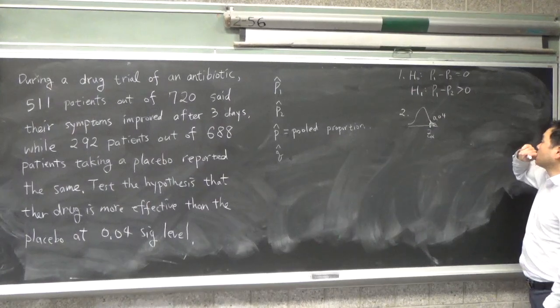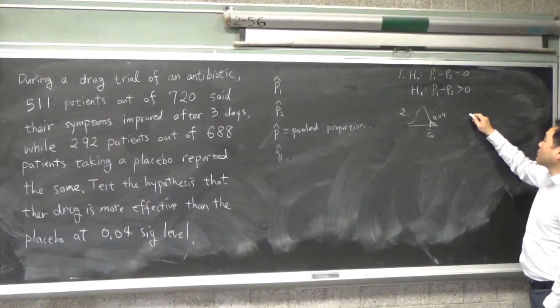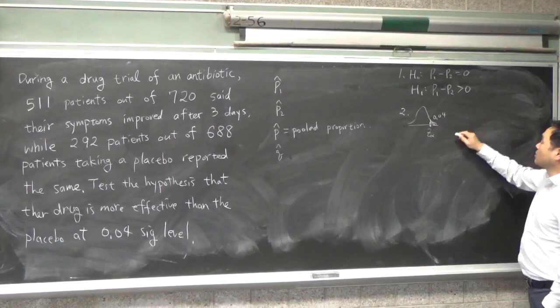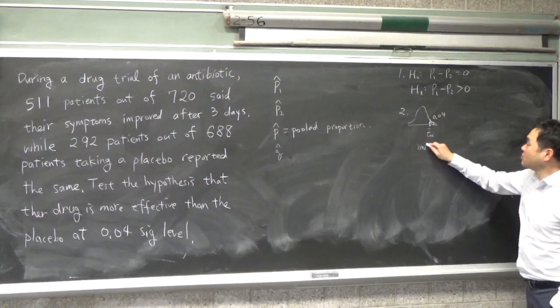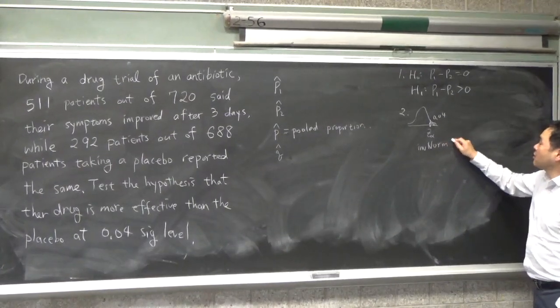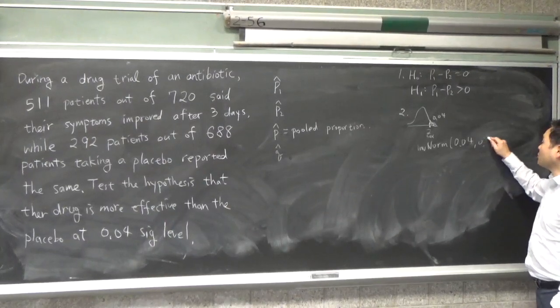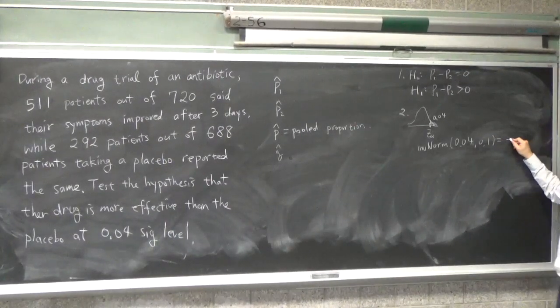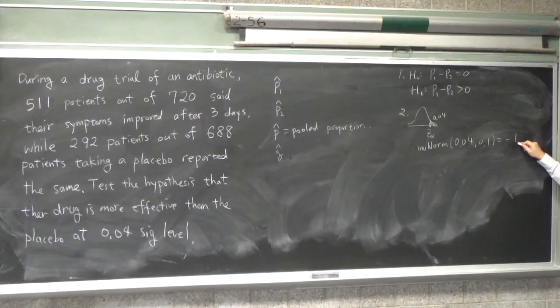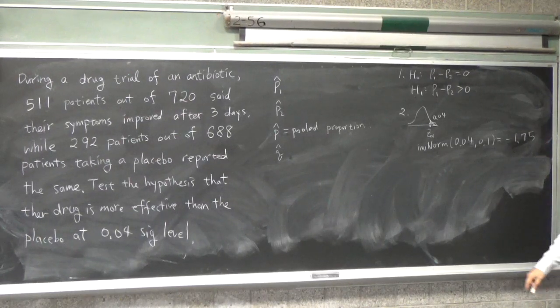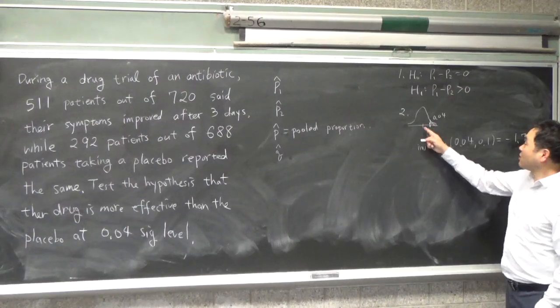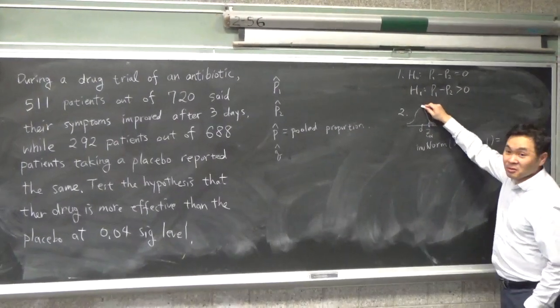So you can do inverse norm of 0.04. What do you get if you do that? You get negative 1.75. But Z alpha is on the positive side, 0 is at the center, right?